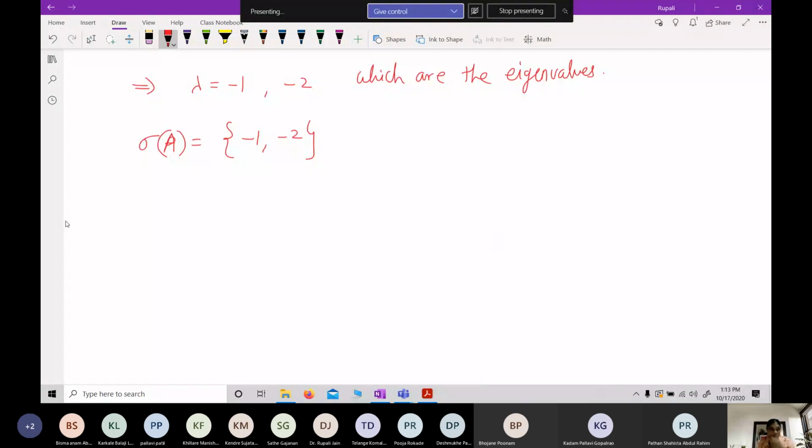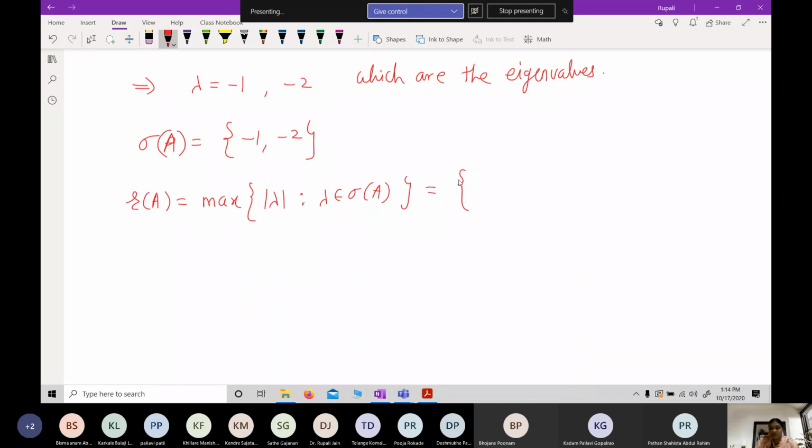I want to find this also, no? Okay, first we will write the spectral radius of A. What is the spectral radius of A? Maximum of mod lambda, where lambda belongs to sigma of A. Means what?